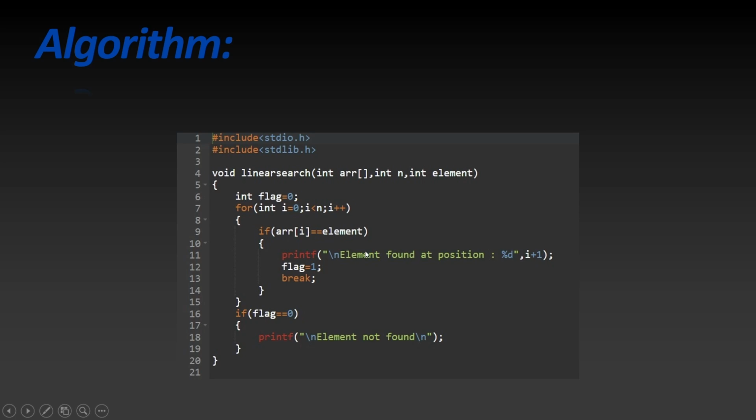Here element is the key, which is the search element which we need. If this is equal, we print that it is found at this position. We set the flag to 1 and break. And then we check if the flag is still 0, which means the element has not been found. Here I'm returning the position, which is index plus 1, or you can return just the index of the search element. This is the algorithm for linear search.